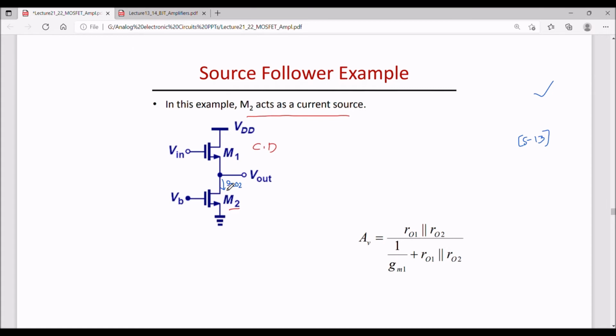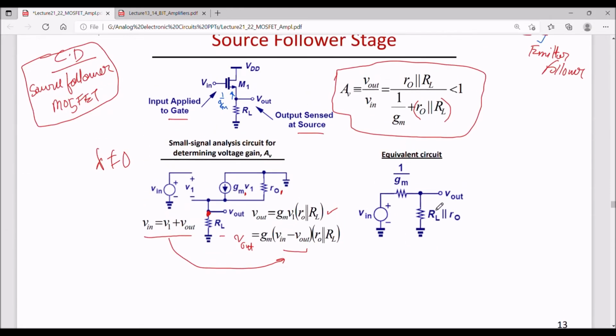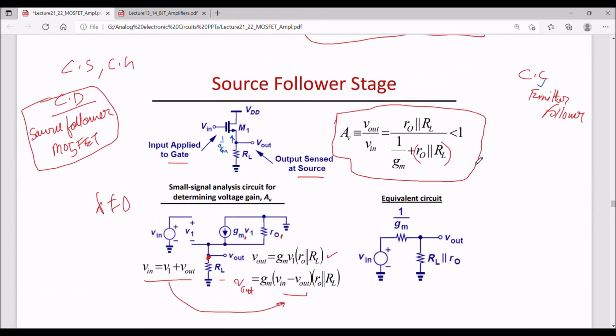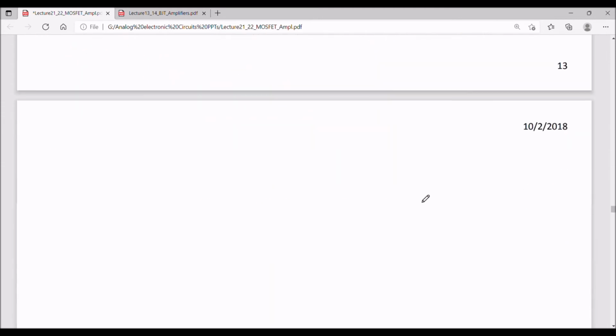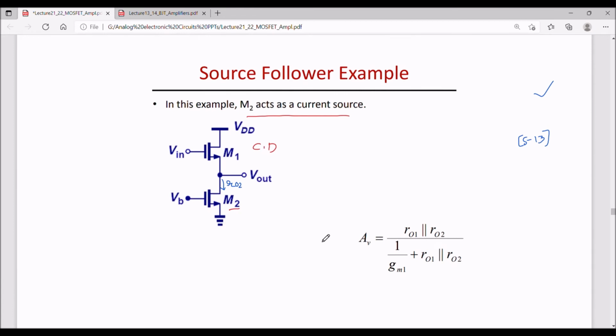One can find out the gain of this amplifier. Gain can be found by using this relation.